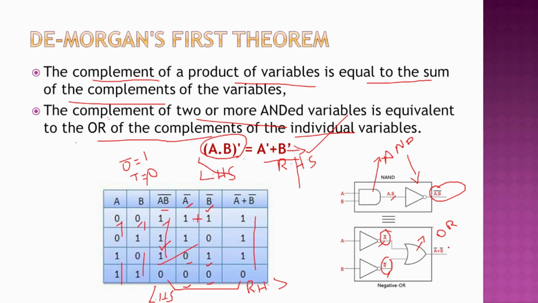And the final output you will get is A bar plus B bar. It is also called a negative OR gate because this is an OR gate connected with the NOT gate. The NAND gate is equivalent to the negative OR gate in De Morgan's first theorem.